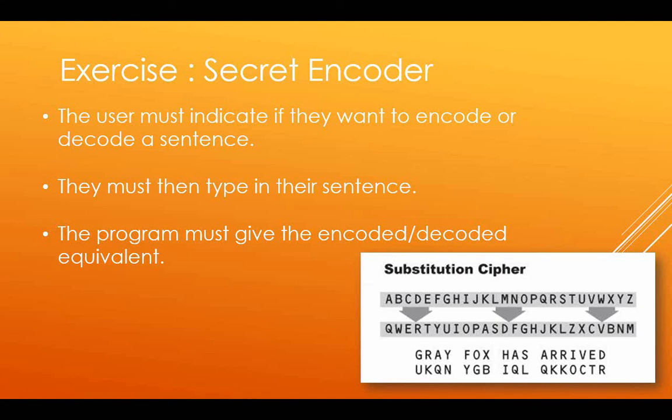The one caveat with the encryption that you're using now is that you can only use each letter once. So you can't have two input letters mapping to the same output letter. And why would that be? If you had A and B both mapping to Z, that's great when you want to encrypt.